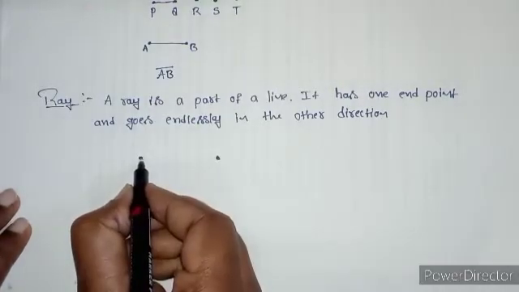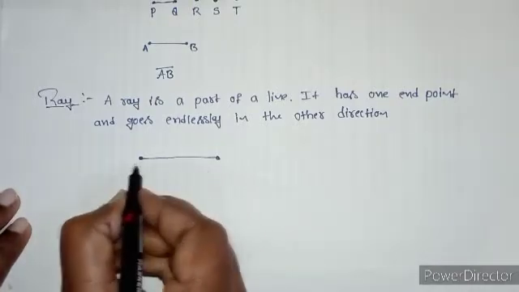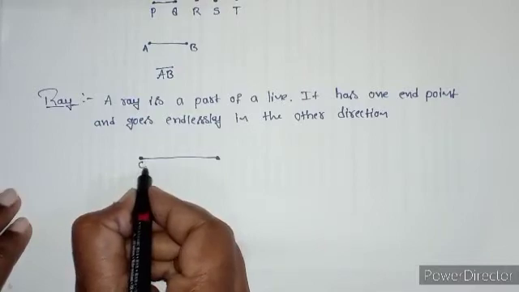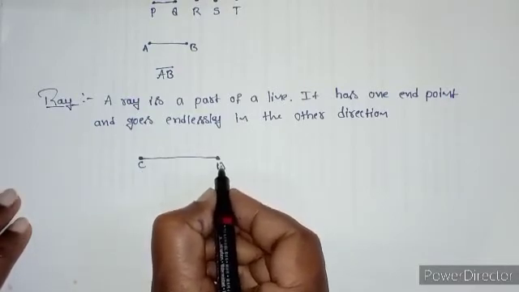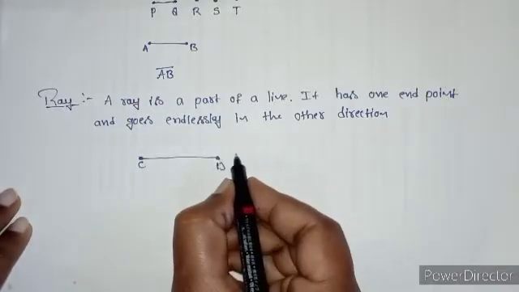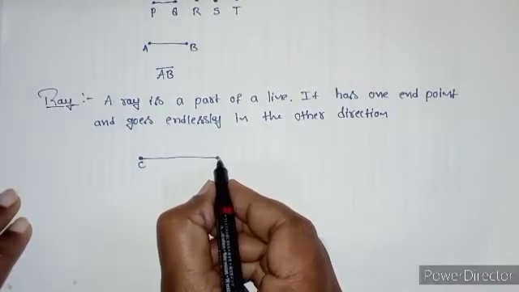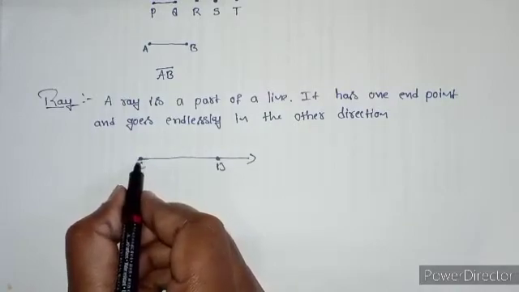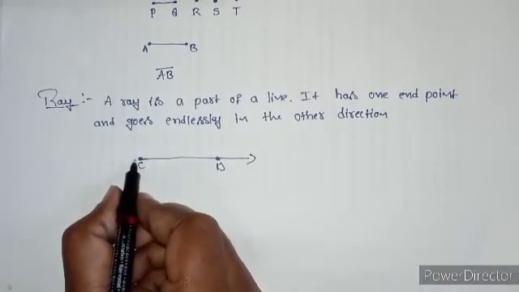Now I am going to join these 2 points. I am going to give names to these 2 points, C and D. Here a ray can be represented by an arrowhead on one side and a point on the other side.